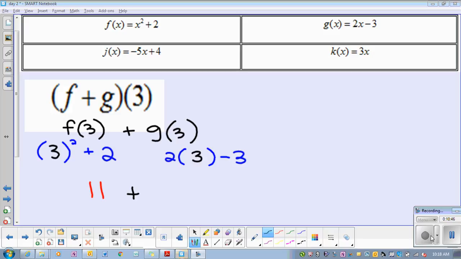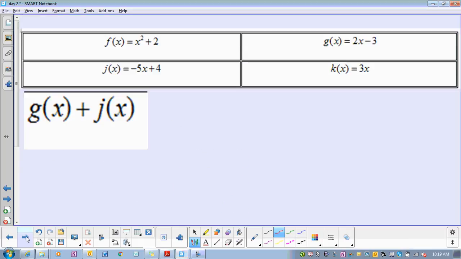So then now put that in the calculator. 2 times 3 minus 3 is what? 3. All right. So then you add those two answers together, and 11 plus 3 is, you're right, a lot of you guys said this, 14. Okay? How was that?